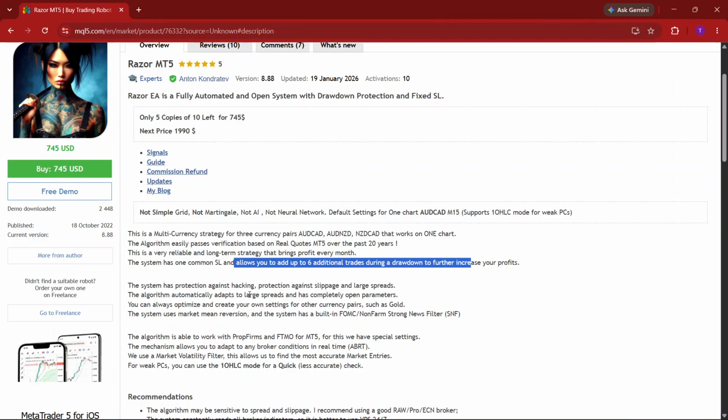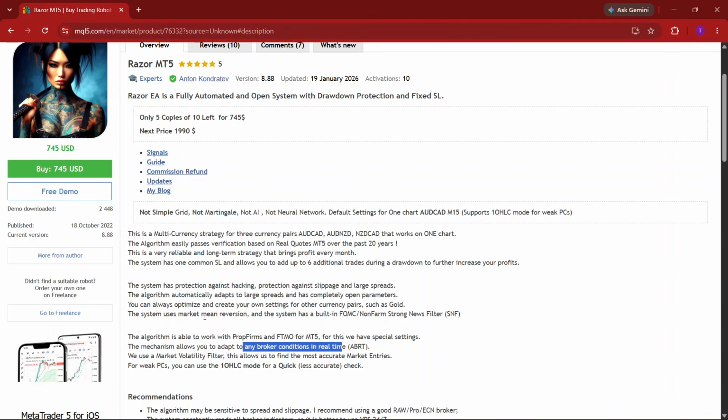There's a built-in FOMC and non-farm strong news filter, protection against slippage and large spreads, and something they call ABRT. You can see here, any broker's condition in real time, that is the meaning of ABRT, that allows you to adapt.